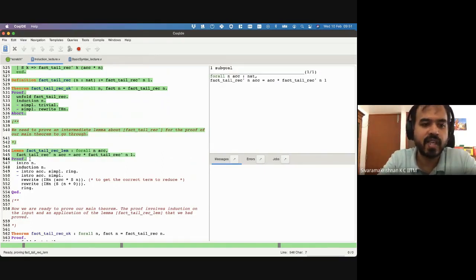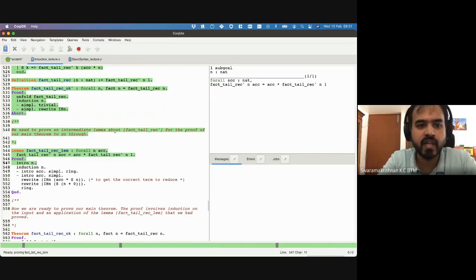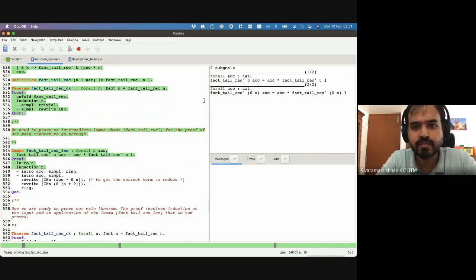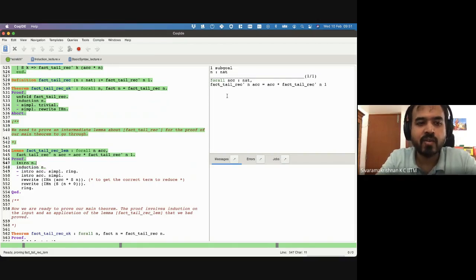So again, you do the same thing as before. You introduce n and you do induction on n. One thing to notice here is I'm not introducing accumulator here. I'm just introducing n and I'm actually inducting on n. This is important because it is going to give us the right induction hypothesis. Okay, so we'll see why that is the case.